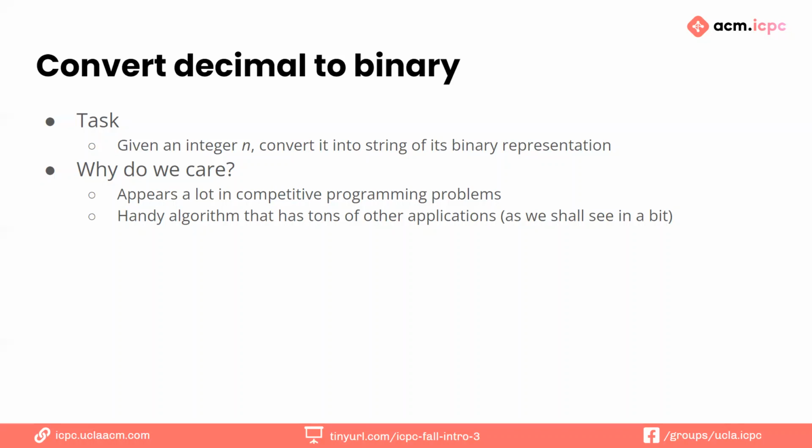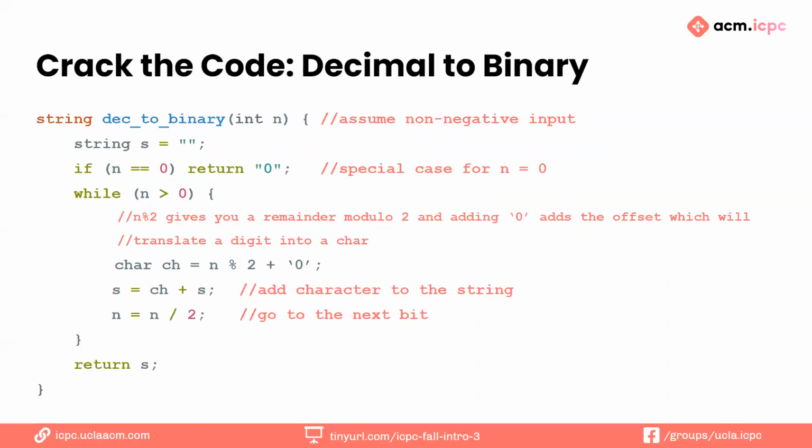So let's see C++ code for conversion decimal to binary, and go through it line by line. So this is a function, decimalToBinary, that accepts integer number n and returns a string, supposedly of zeros and ones. We assume that the input is non-negative, but you can extend this into negative numbers as well.